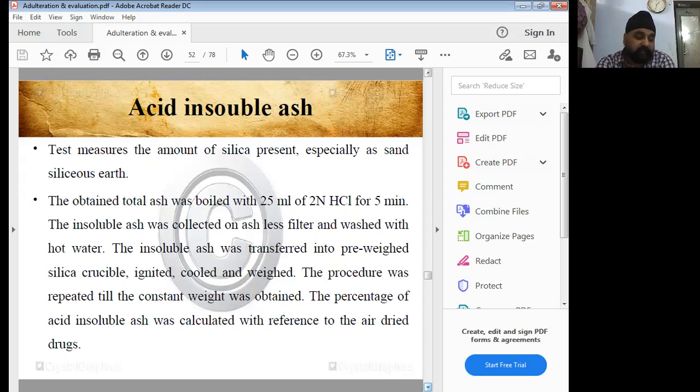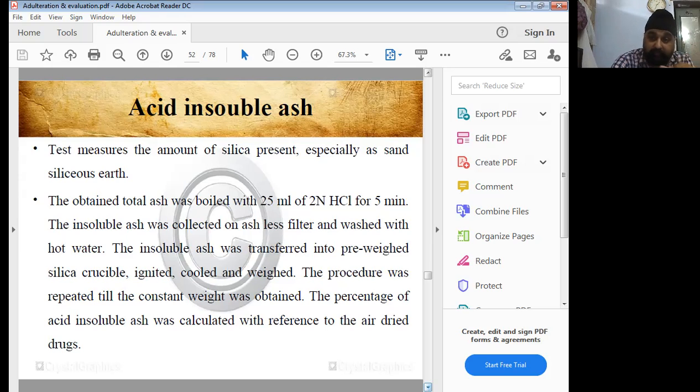Then we try to determine other types of ash, like acid insoluble ash, the ash which is insoluble in acid. Generally, the ash obtained after the first method, we boil again with 25 ml of 2 normal HCl for 5 minutes. The insoluble ash can then be collected with the help of a filter and washed with hot water. Then it is weighed to determine how much acid insoluble ash is there.